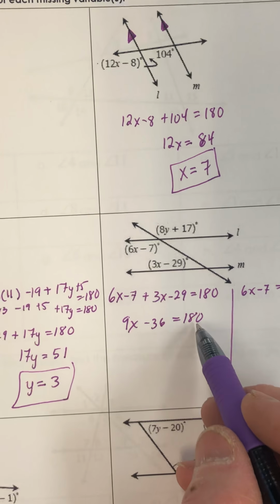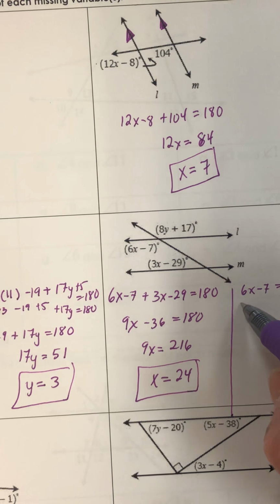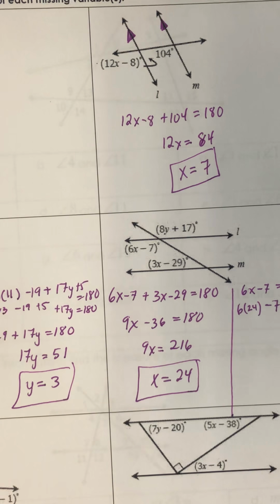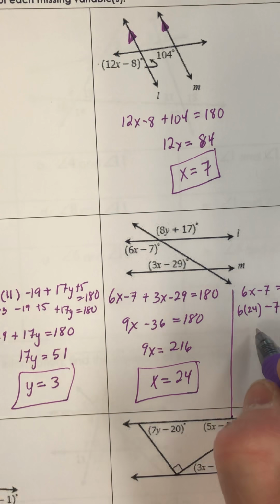And then divide by 9, so x would be what, 24? All right, so now I substitute that in over here. So 6 times 24 minus 7 equals 8y plus 17. So I'll do some calculator here. 6 times 24, enter, minus 7, enter. So this side here is 137.